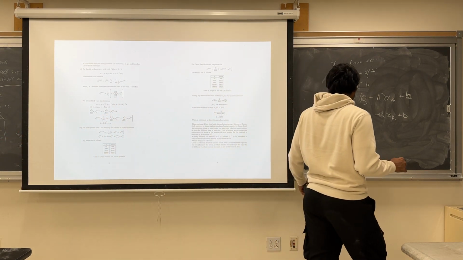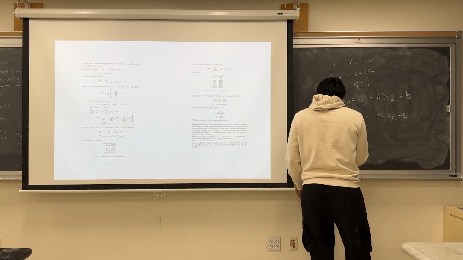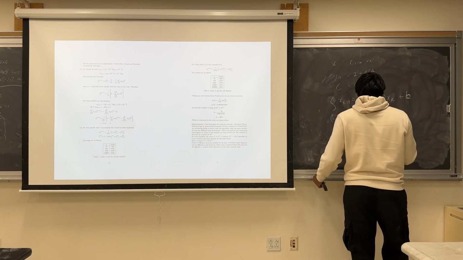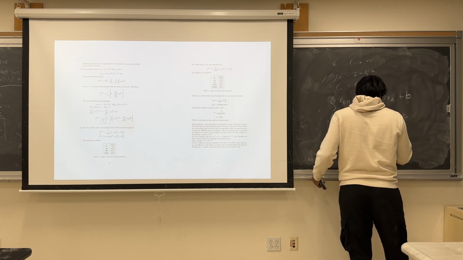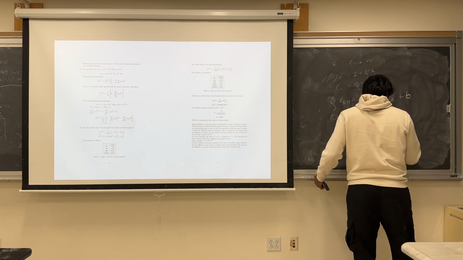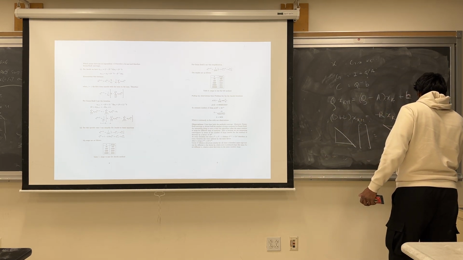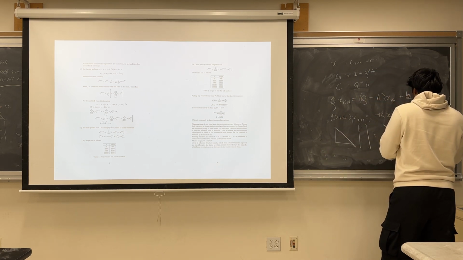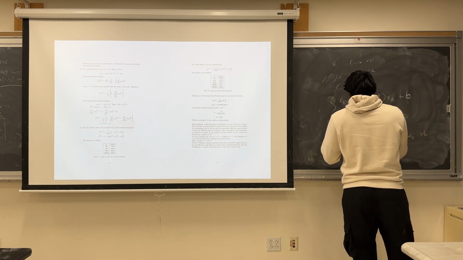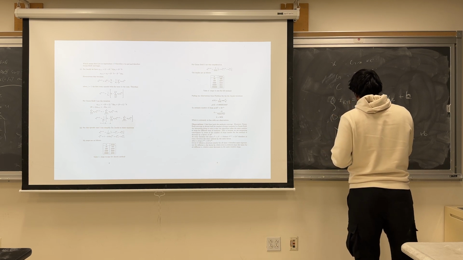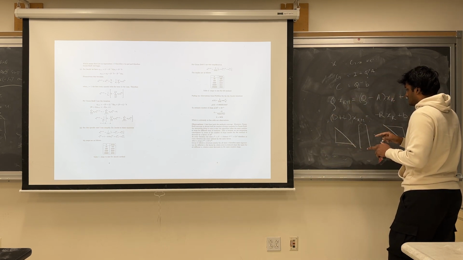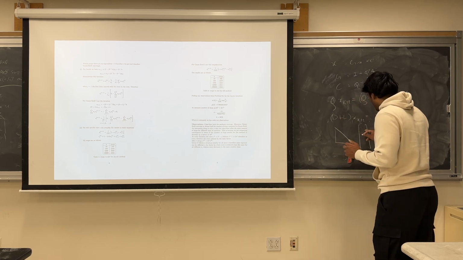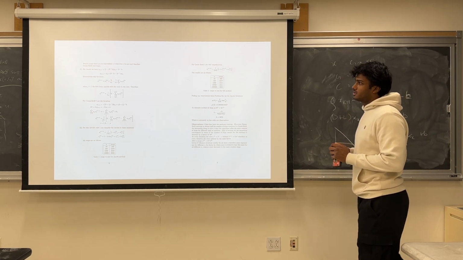So B plus L times xk plus 1 equals R xk plus b. So the first element is computed by this. To compute the second element, we already used the first computed component.